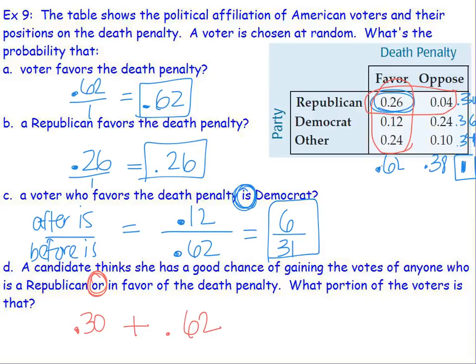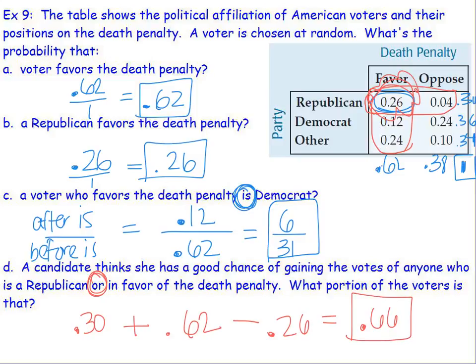If you remember back to the previous lesson, if you do an or and there is overlap, you have to subtract the overlap. So we counted this number, 0.26, twice. He can't be counted twice. So we're going to subtract 0.26, and we end up with an answer of 0.66 for this problem.